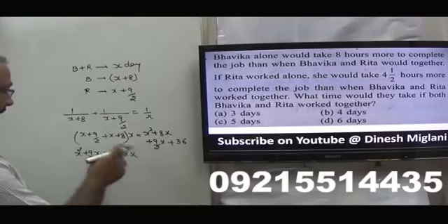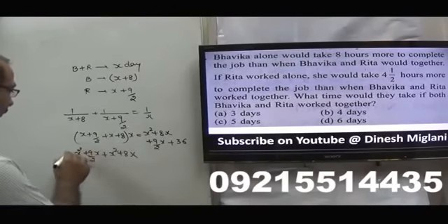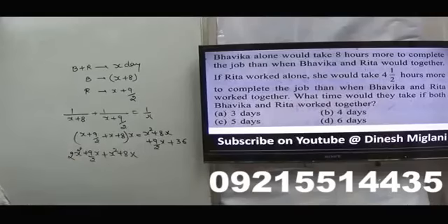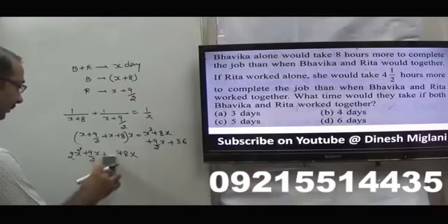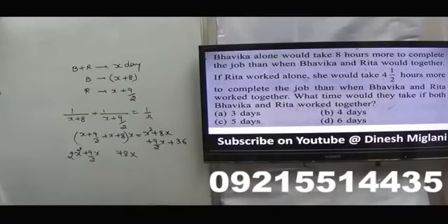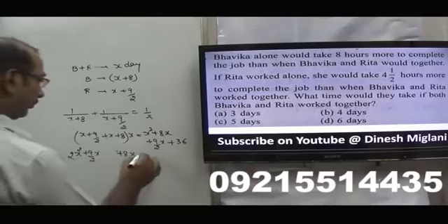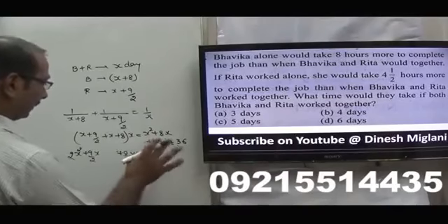I committed a mistake. x and x, that is 2x square. And here it would be 8x and 9 by 2 x.